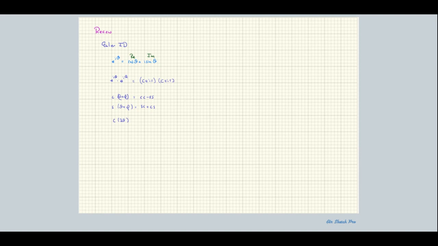C2 theta is C squared minus S squared, is 1 minus 2S squared, is 2C squared minus 1. Okay? That's the most important, the 2 theta on this.